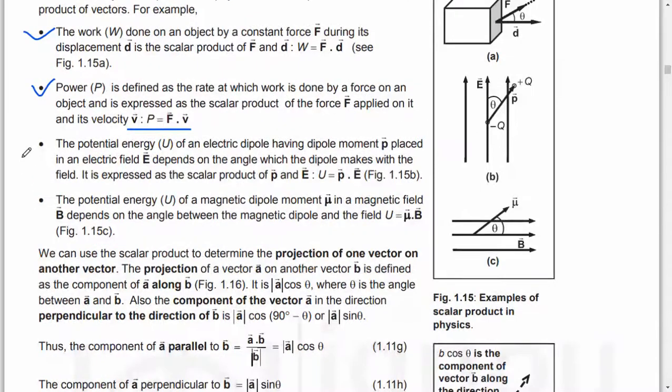The potential energy U of an electric dipole having dipole moment p placed in an electric field E depends on the angle which the dipole makes with the field.